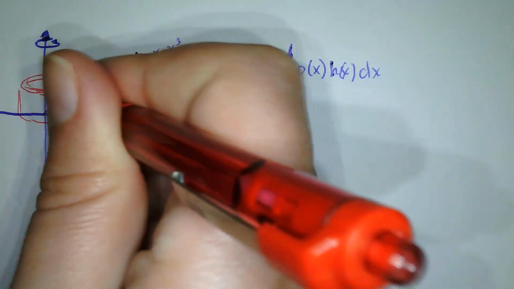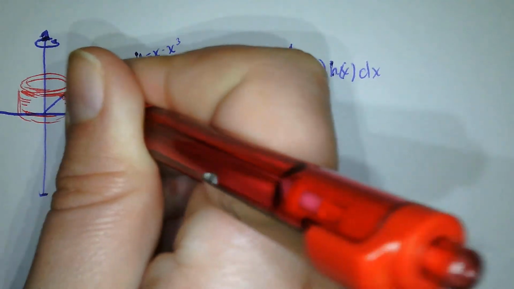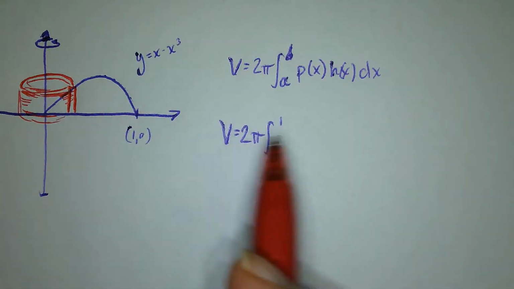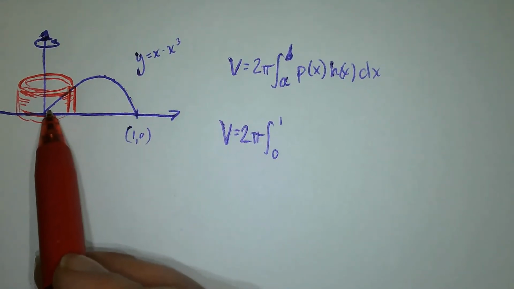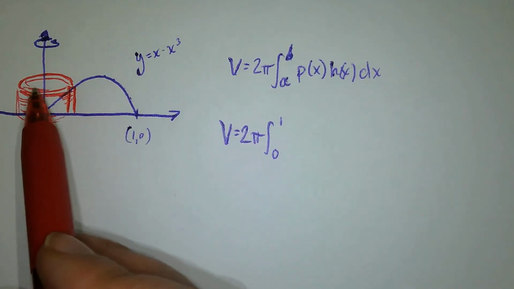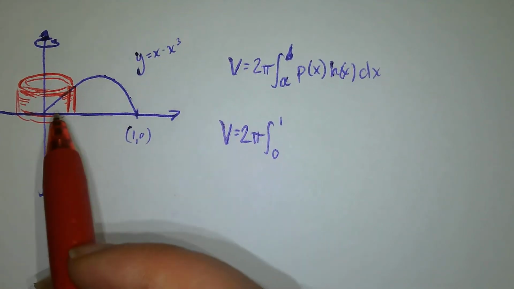Hopefully you're seeing it. Anyhow, the radius is going to be changing because as this moves out, the radius of this cylinder is going to change. So that's why we're going from 0 to 1.